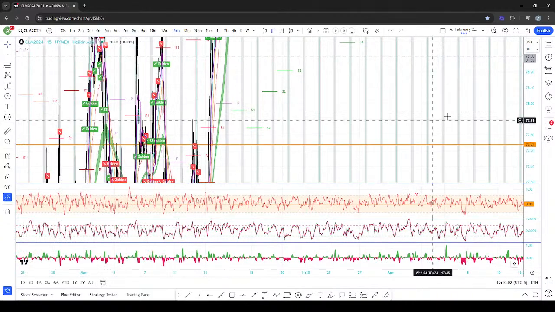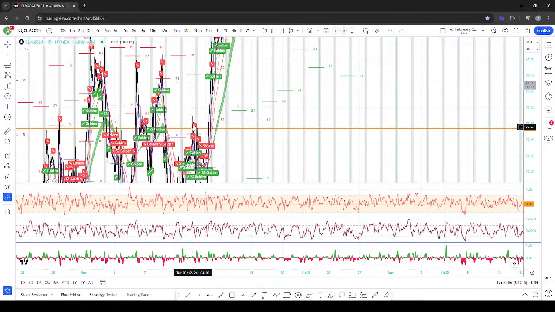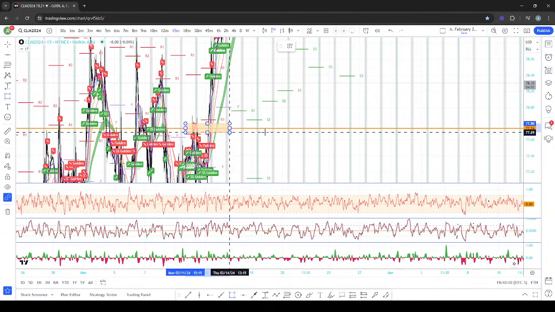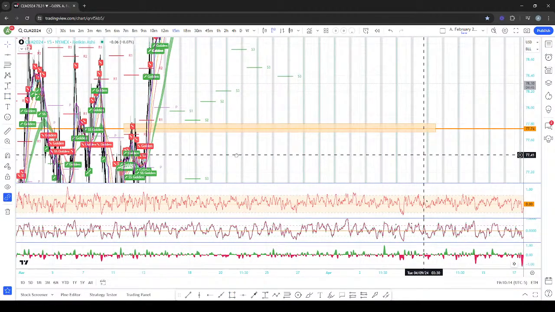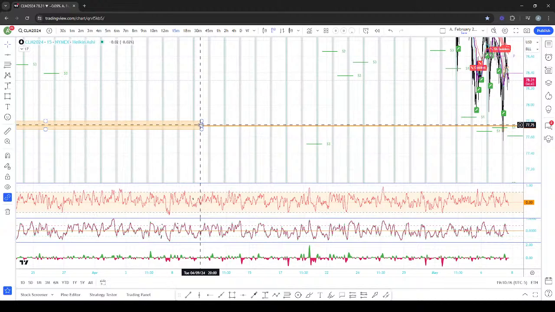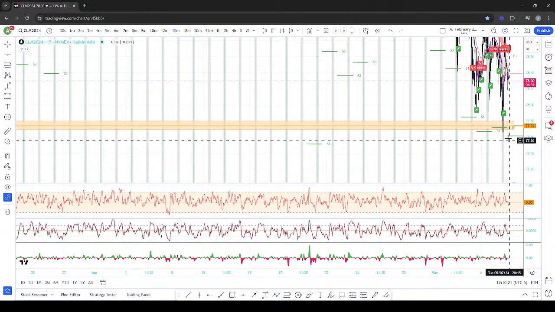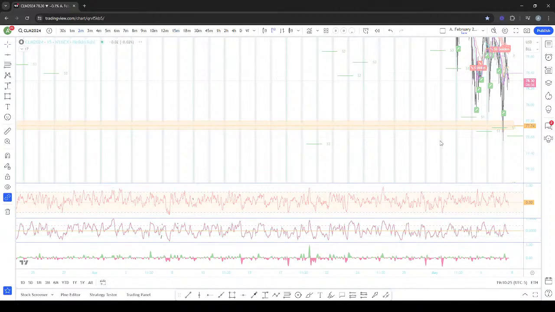So here is where price reacted. Right over here, you had a resistance area. So you can see that what I'm doing right here is just bringing the zone right back to where we were at. I'm going to go back to the 2-minute.